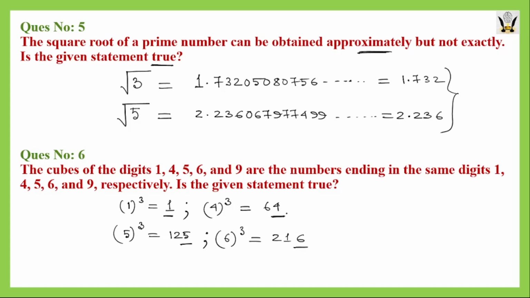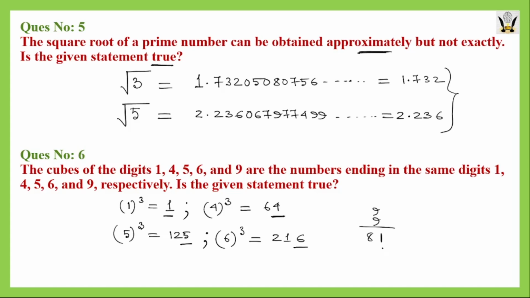That means for all these cases, for 1 at units place of the cube value, the value is 1. For 4 again the value is 4. For 5 it is 5. For 6, at units place in the cube value, the digit is 6. So definitely when we take the cube value of 9, at units place it is going to be 9 only, because 9 and 9 is 81.